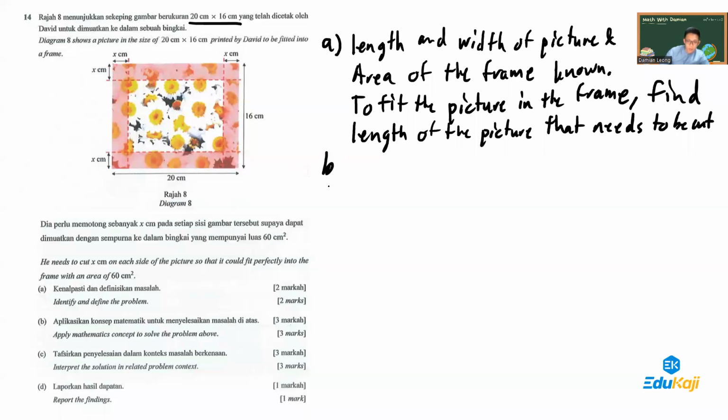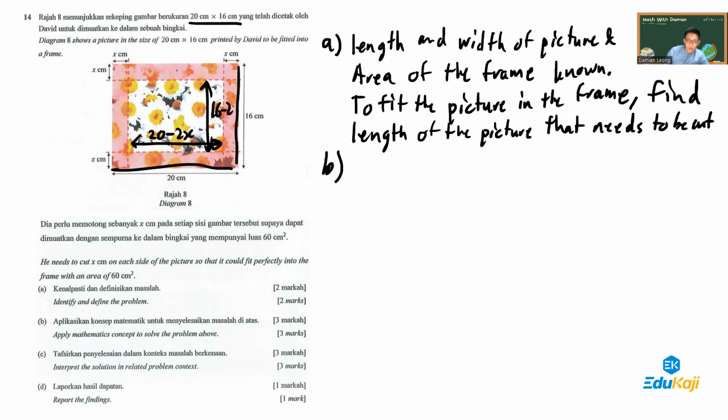So part B, apply mathematics concept to solve the problem. Basically we have to form the equation here. See, here is 16, here is 20. So inside here will basically be 20 minus x. Here to here is 20 minus 2x, because x on top, x below.